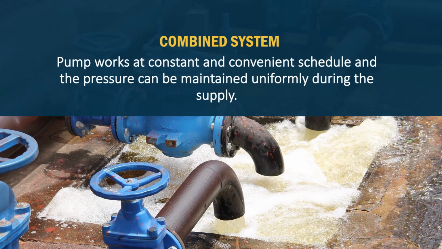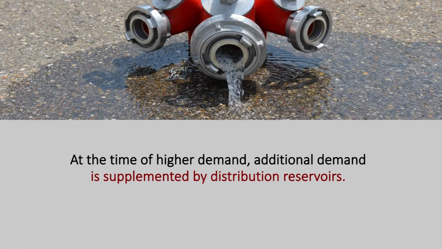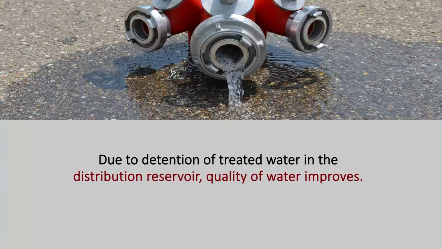Pumps work at a constant and convenient schedule and the pressure can be maintained uniformly during the supply. At the time of higher demand, the additional demand is supplemented by distribution reservoirs. Due to detention of treated water in the distribution reservoir, the quality of water improves.